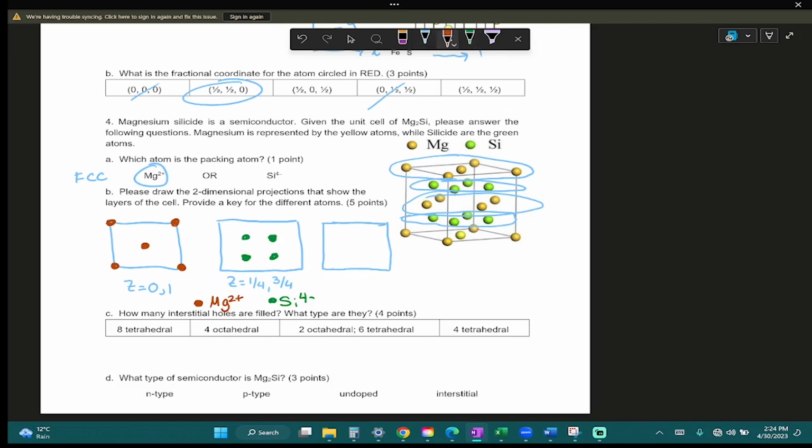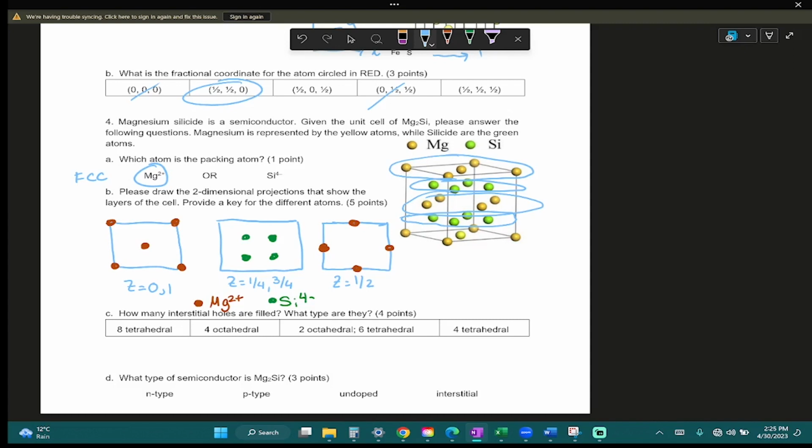And this layer of magnesium has them on the edges. And this will be z equals 1/2. Do you think you can do this on the exam? Can you draw 2-dimensional projections?